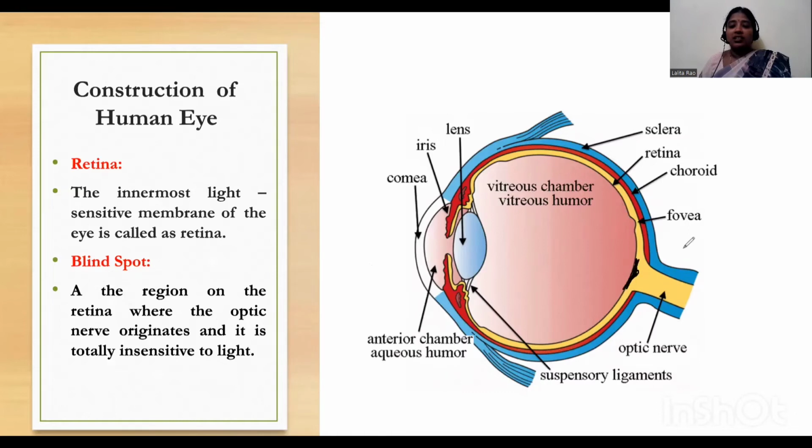This region is insensitive to light. Even if the image is formed here, you won't be able to differentiate or identify those images. So the blind spot is the region on the retina which is insensitive to light and from where the optic nerve originates and carries the signals to the brain.